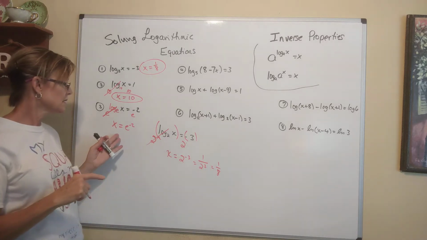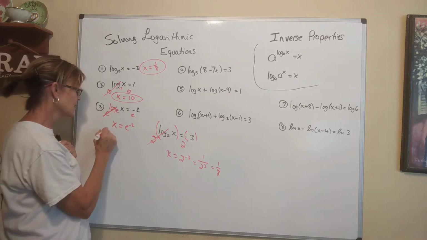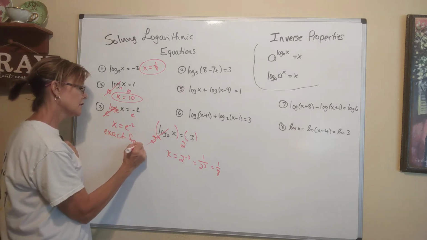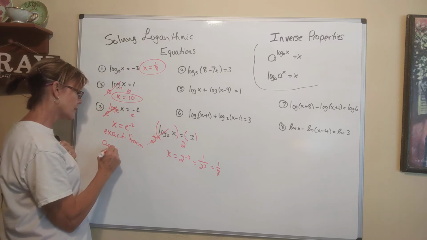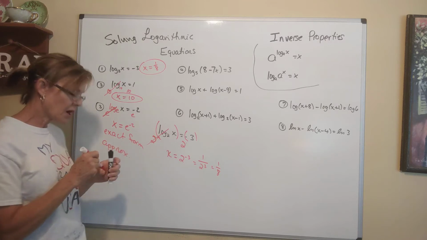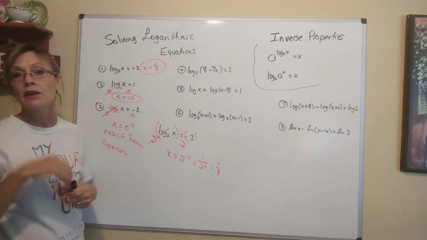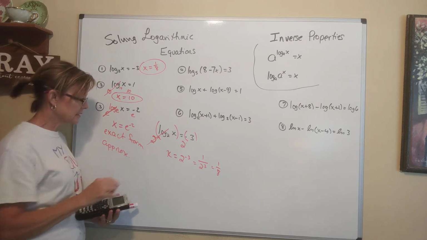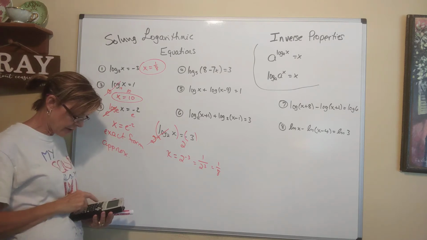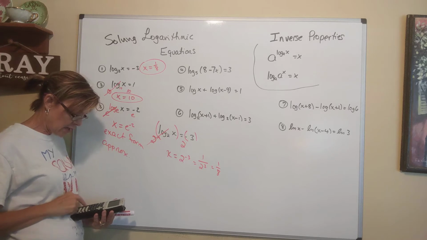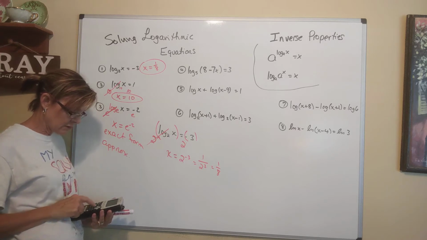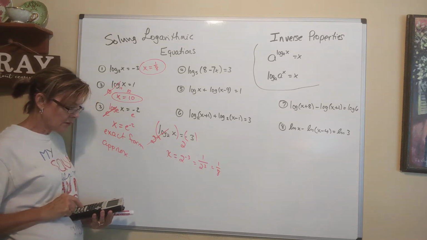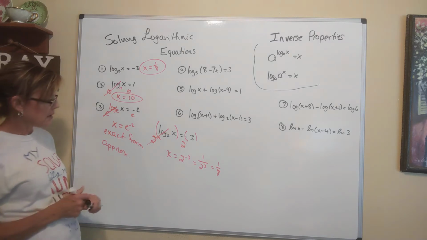This is called the exact form of the answer. If they wanted an approximate form, that means put it in your calculator and round to whatever they tell you to round to. So if they say round to the nearest tenth, maybe, you would put e raised to the -2 in your calculator and you get 0.1353.